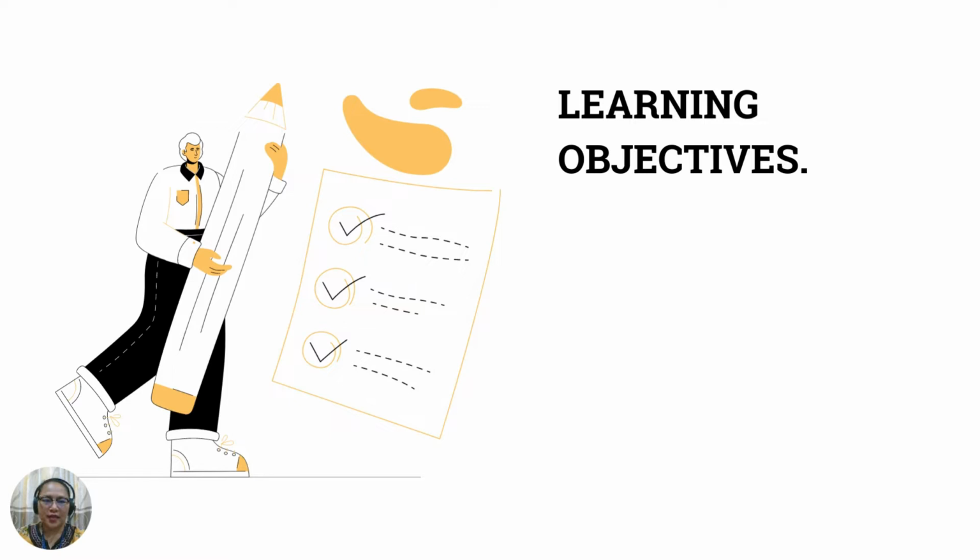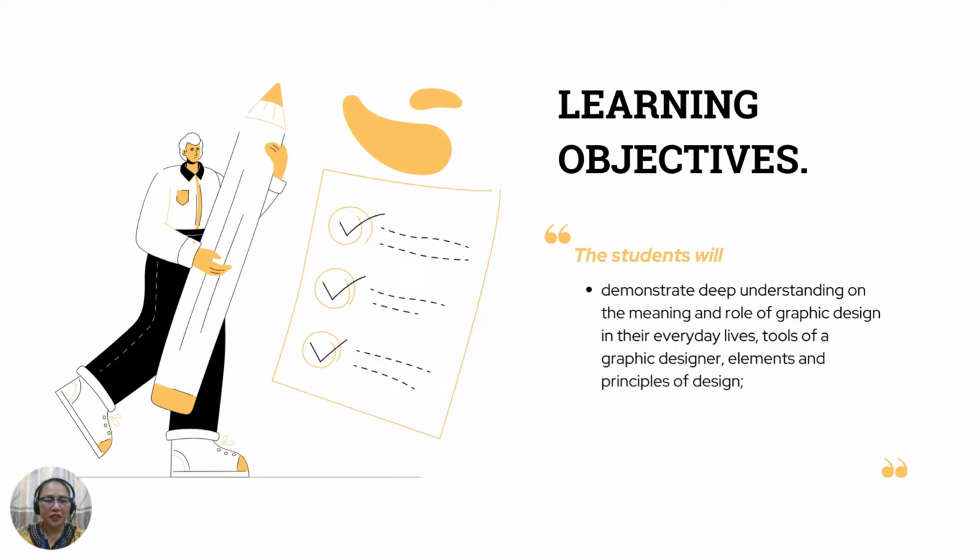But before we proceed to lesson 1, let me talk first about the learning objectives, or what is expected from you after completing this chapter. After completing chapter 1, you should be able to demonstrate deep understanding and awareness of the meaning and role of graphic design.